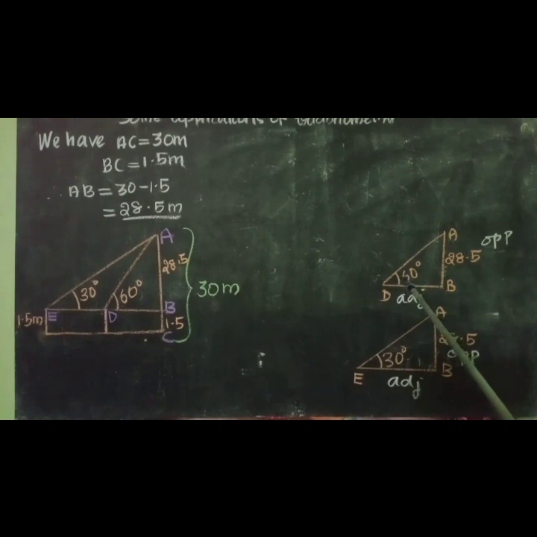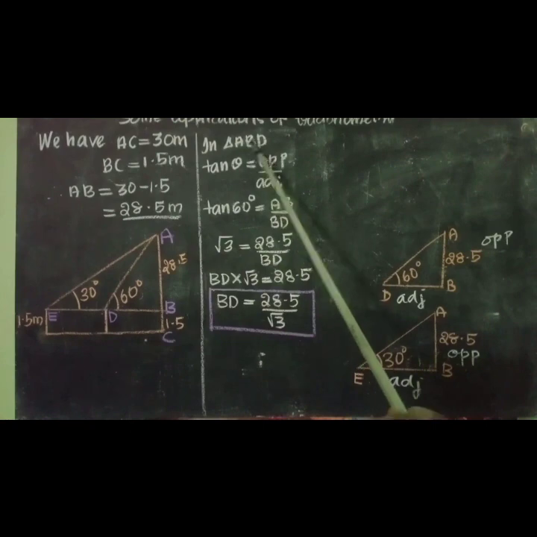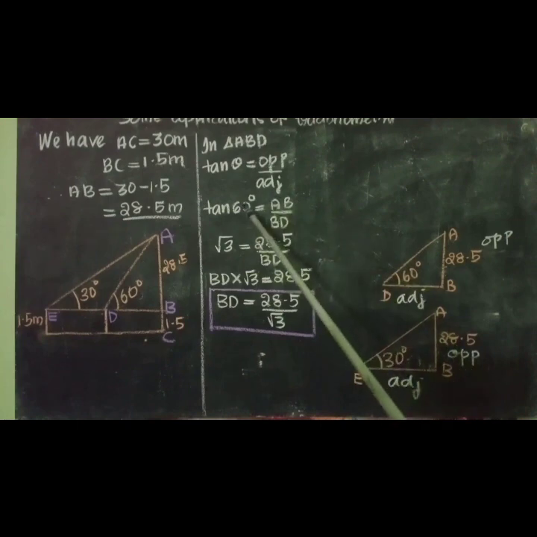Now you consider the first triangle. Here the acute angle is angle D with measurement 60 degree. For this acute angle D with measurement 60 degree, this AB is the opposite side and this BD is the adjacent side. So let us take the ratio in this triangle. In triangle ABD, tan theta equal to opposite side by adjacent side. Here theta is 60 degree. So tan 60 degree equal to AB by BD.